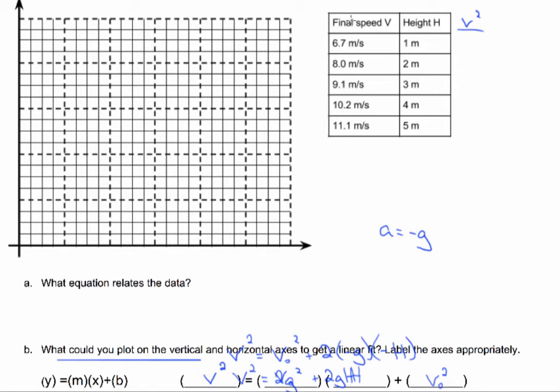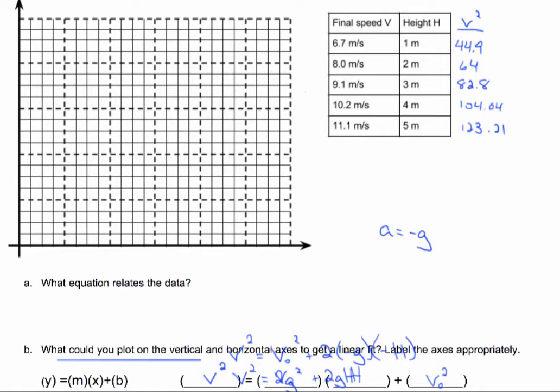So you really have to actually square these. 6.7 squared is about 44.9. 8 squared is going to be 64. 9.1 squared comes out to about 82.8. 10.2 squared is 104.04, and 11.1 squared is 123.21. Those are my speeds squared.